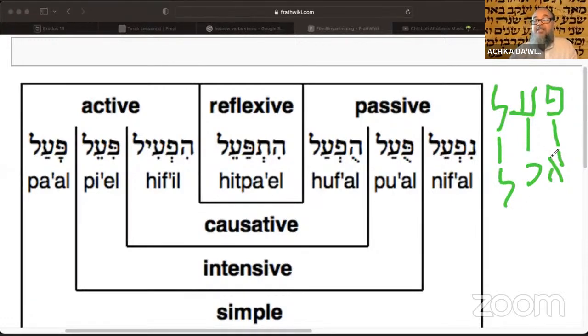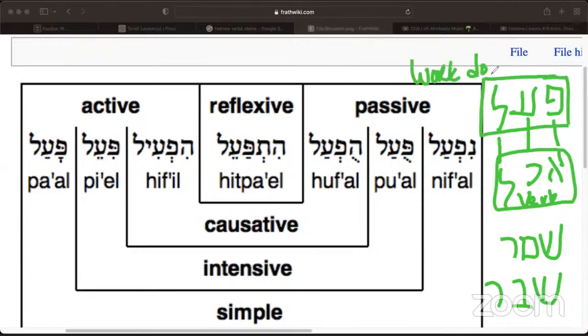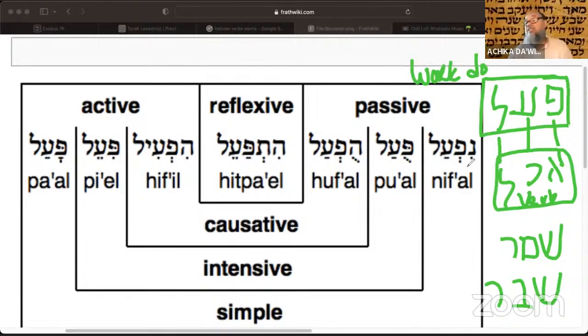That means this is just taking the place of the pa'al, because now I'm working with this particular verb. I'm going to tell you how akal is going to work, or how shamar is going to work, or how shabar is going to work. So this really is just telling me that it's working, what I need to do with it, and how it functions.